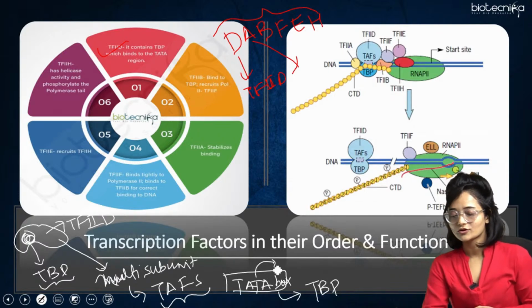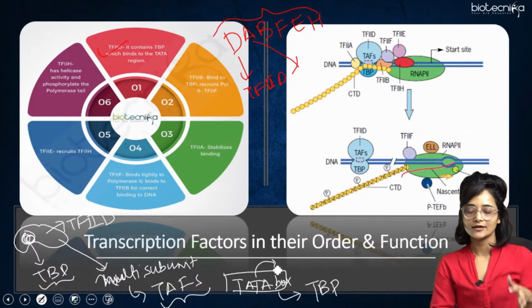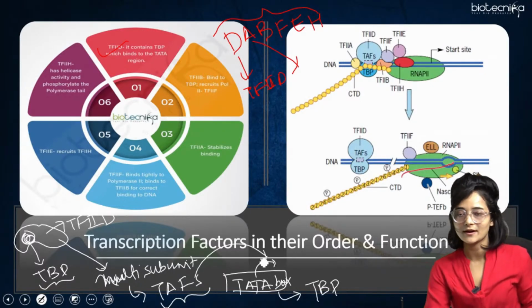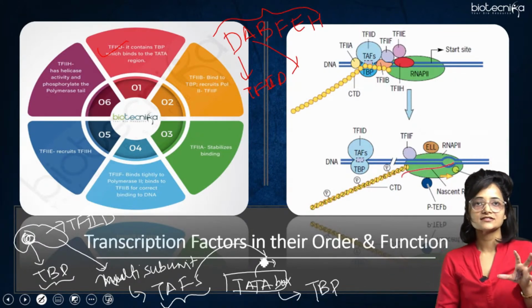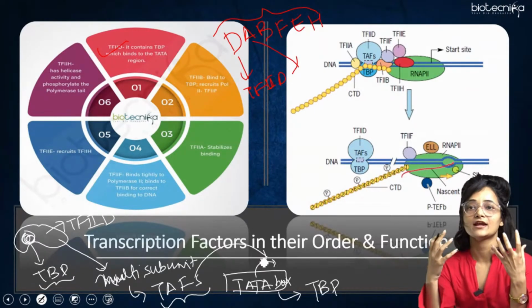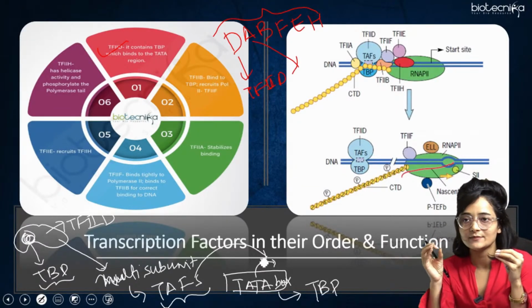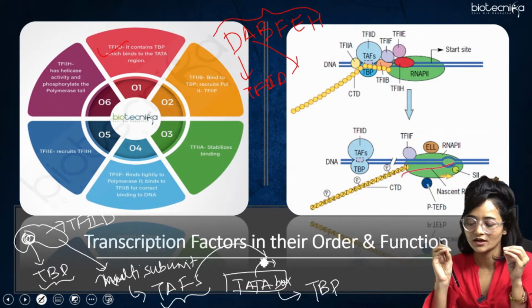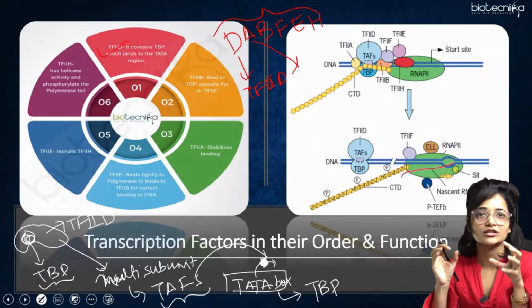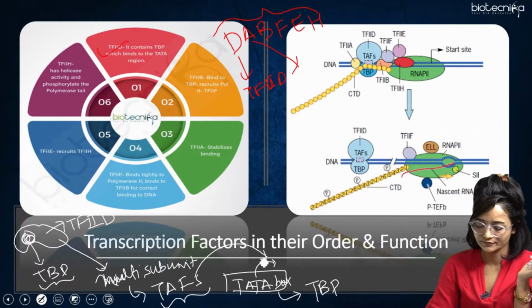If in the promoter, a sequence other than the TATA box is present, the TAFs come and bind to that promoter region. This is the basic role. This is what is explained about TF2D. It is multi-subunit, and the TBP is a part of TF2D. And TBP is the major protein involved in binding to the TATA region.